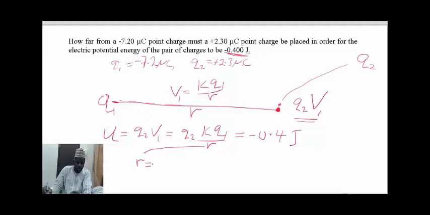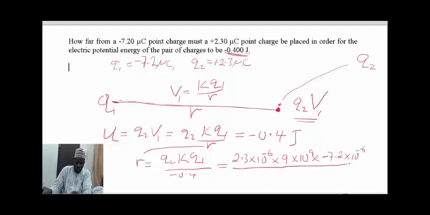R can be obtained by cross multiplying and dividing both sides, so it's going to be Q2 K Q1 all over minus 0.4. So let's insert the values. Q2 is 2.3 times 10 to the power minus 6 coulomb, times K, which is 9 times 10 to the power 9, times Q1, which is minus 7.2 times 10 to the power minus 6, all over minus 0.4.